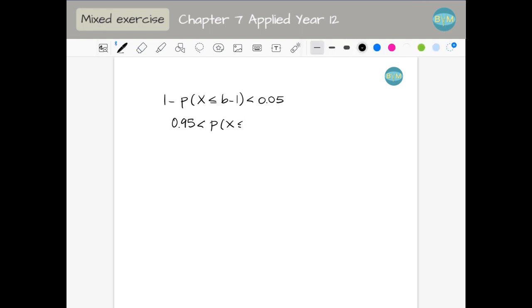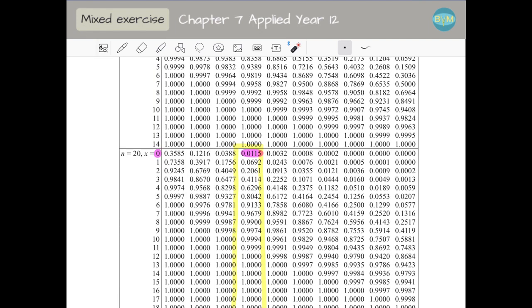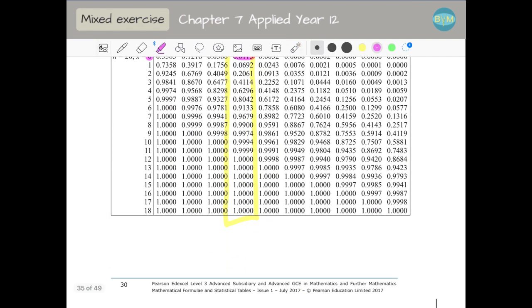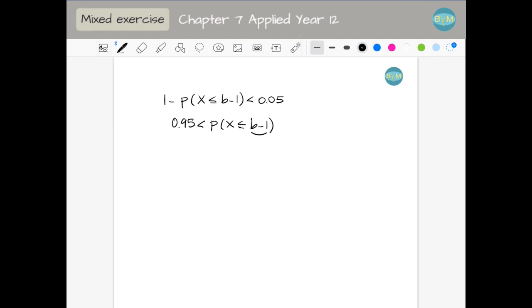Which means I'm looking for the first value such that the probability is greater than 0.95. So if we go to the tables, the first value greater than 0.95 is this one, which is 7. That means b minus 1 is 7, and therefore b is going to be 8. So the second part of the critical region is X greater or equal than 8. So my critical region is X equals 0 or X greater or equal than 8.